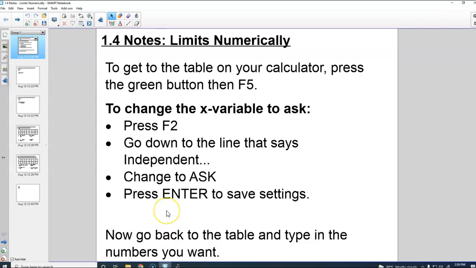Once you get logged into AP Classroom, it should be the only assignment, or it should be easy to find.